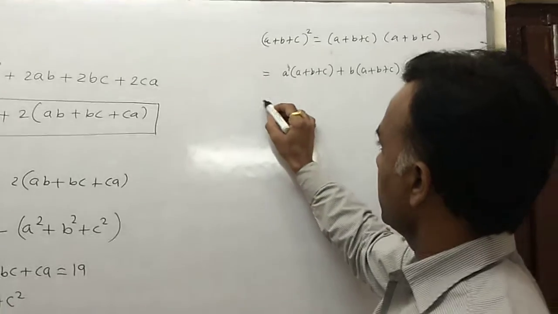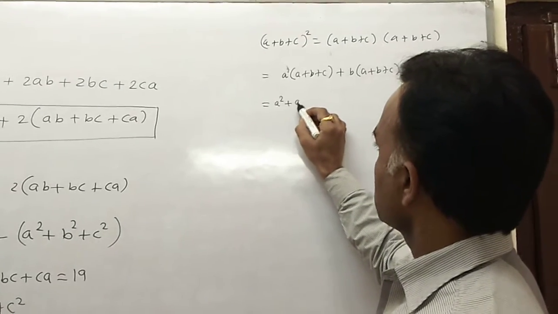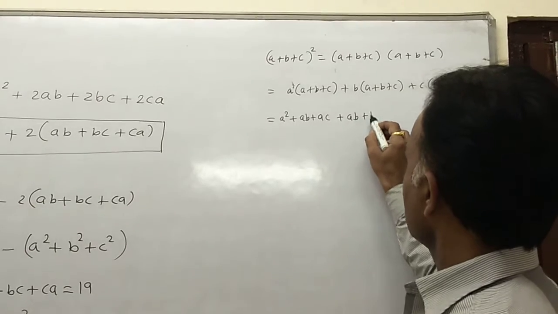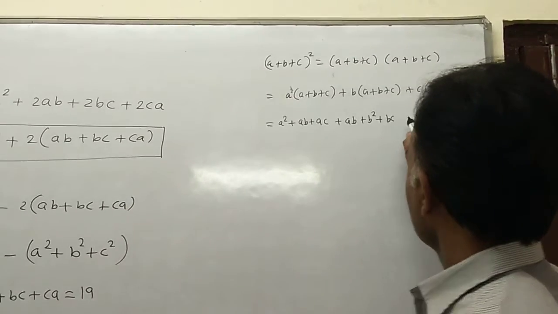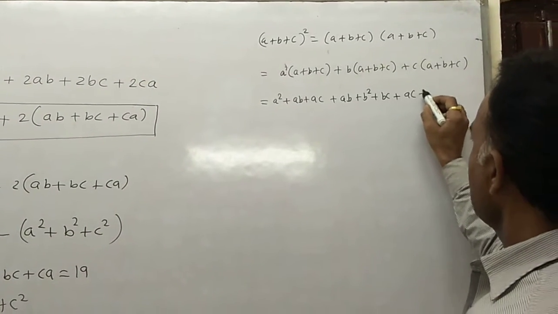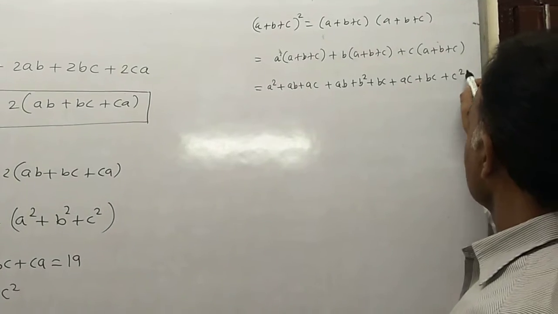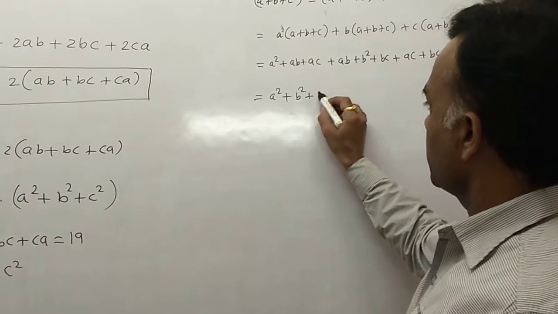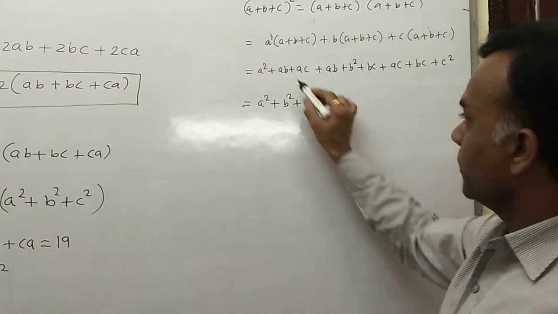Okay, so then write down A square plus AB plus AC, AB plus B square plus BC, AC plus BC plus C square, and then A square plus B square plus C square, all square terms you separate out.